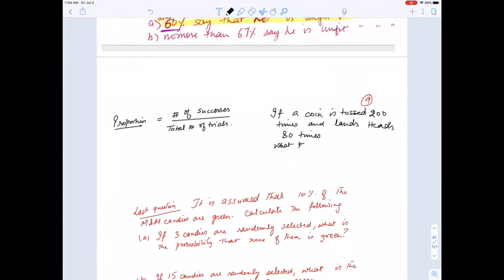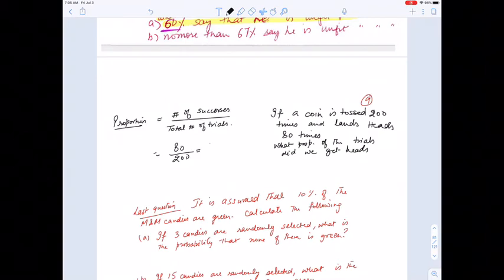What proportion of the trials did we get heads? We got heads 80 times out of 200 trials, so that is 0.4. Correct? That is the proportion. Now, we are talking about a sample of 200. This would be the sample proportion, right?